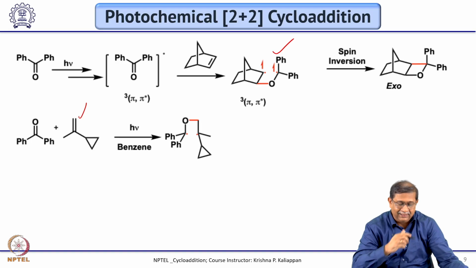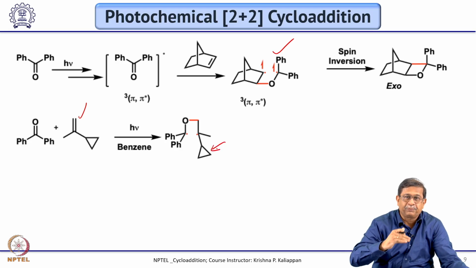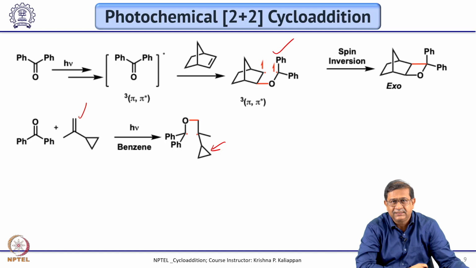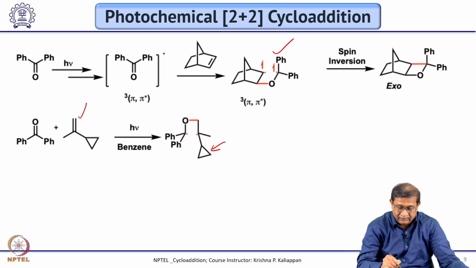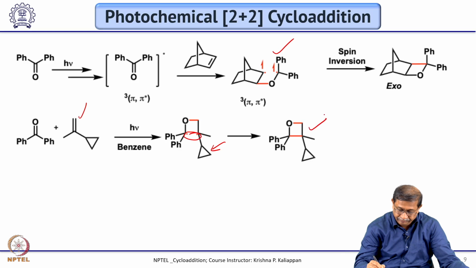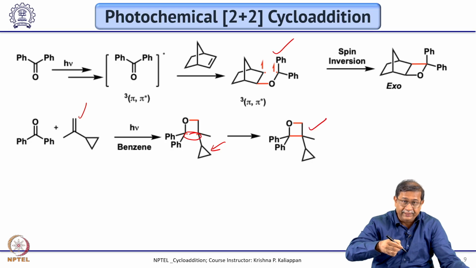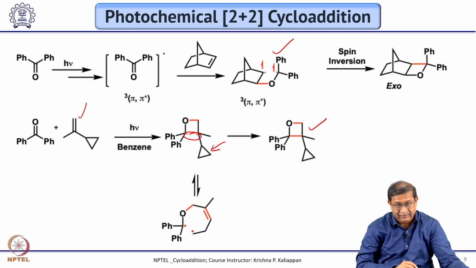Once this biradical is formed, you can see this is like a cyclopropylmethyl radical. Cyclopropylmethyl radicals are known to open the cyclopropane. So either it can combine at this stage to form this oxetane, or it can undergo ring opening of the cyclopropane to give this biradical.